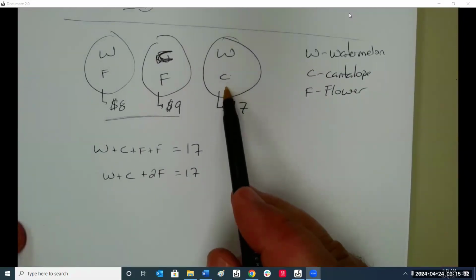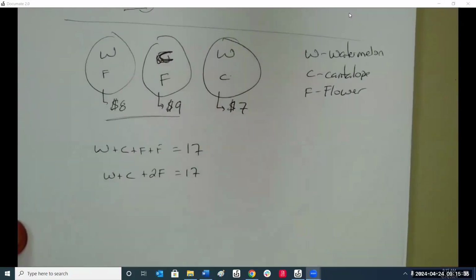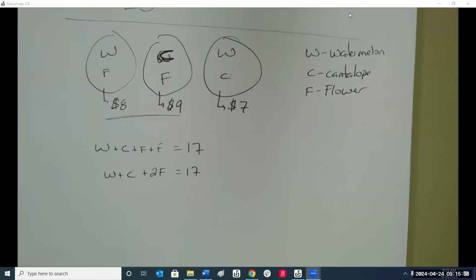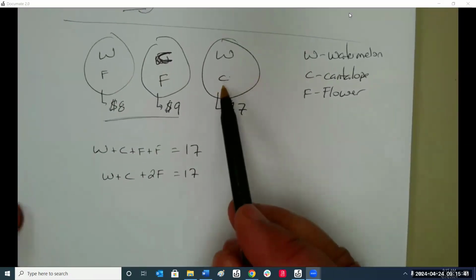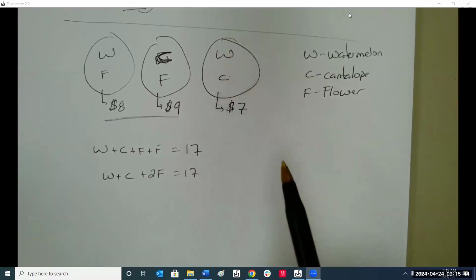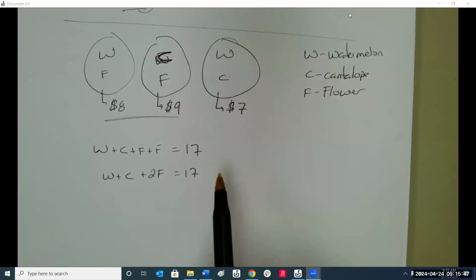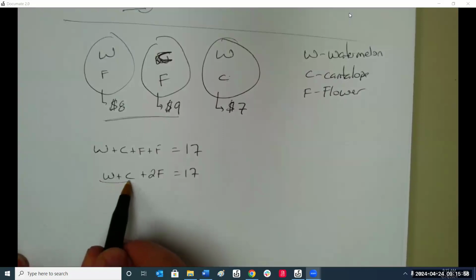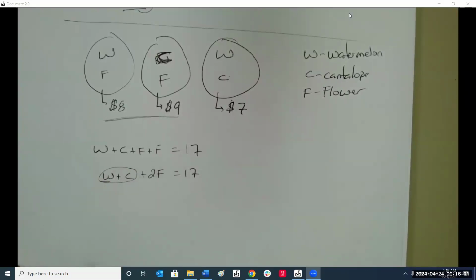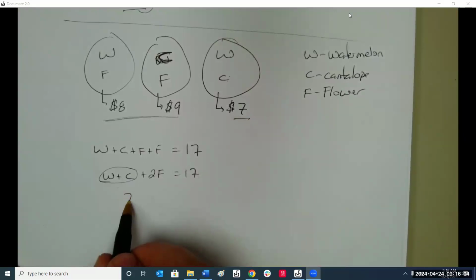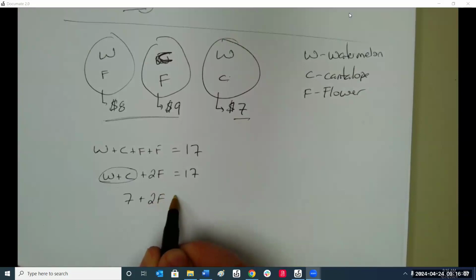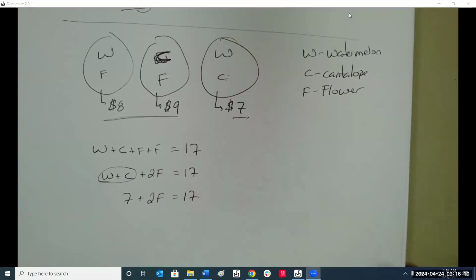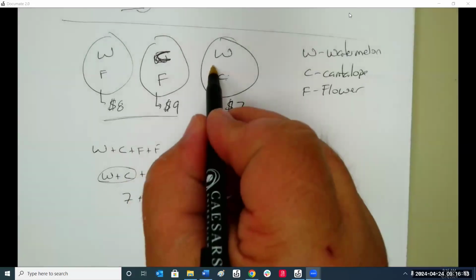So why is this important? Because it puts a limit on how big W and C can be. In other words, a watermelon or cantaloupe cannot cost more than $6. So we know watermelon plus cantaloupe costs 7, because we know that watermelon plus cantaloupe equals 7.